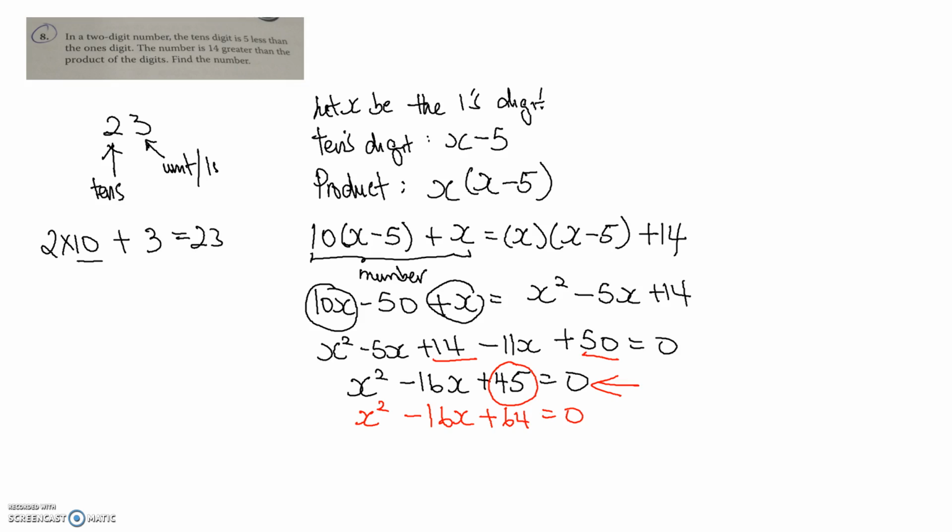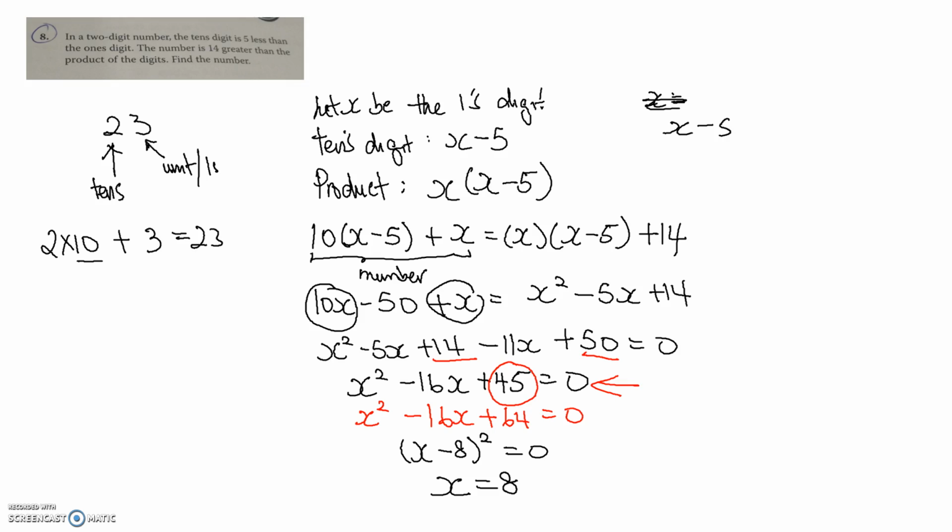Going from here, if you factorize this, it will be x minus 8 squared equals 0, and then you solve for x equals 8. So we have found the ones digit, and then the tens digit is x minus 5.